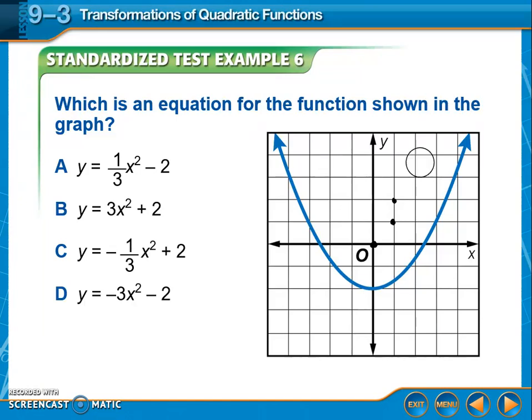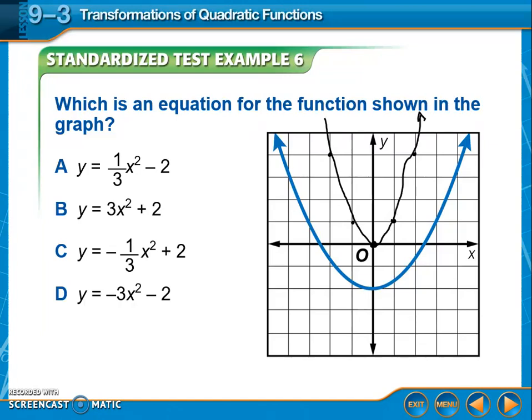And then I would do the same thing on the other side. Negative 2 squared is still 4, and negative 1 squared is still 1. So this is my original graph of x squared, right?